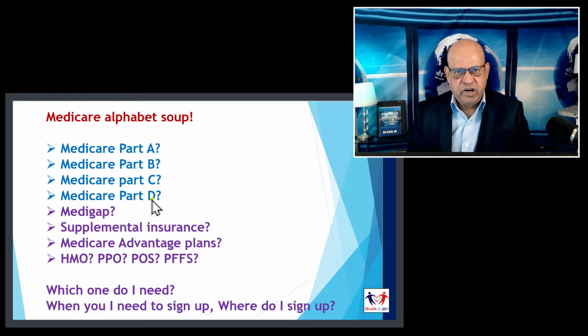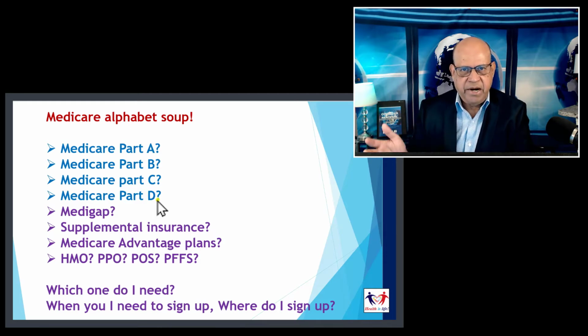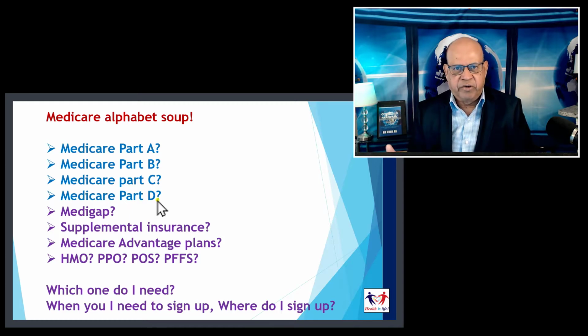Part D is administered by private insurance companies, but it is something that you have to have if you have Medicare Part A and B in order to pay for your prescription drugs. If you don't get Part D right when you get your Medicare Part A and B, later on you may have to pay a penalty to subscribe to a Part D prescription plan.